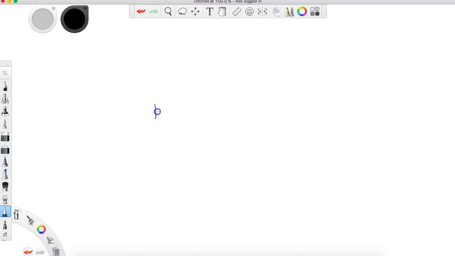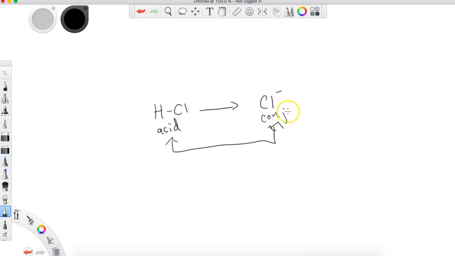So for instance, if I take HCl, and this becomes Cl minus as the conjugate. So this was the acid, something I'm not even showing is whatever's taking the H plus in this case, but the conjugate base here would be Cl minus. So do you think Cl minus would be strong or weak? Well, hopefully you realize that this would be very weak, and that's because when we take a look at HCl, HCl is considered to be a very strong acid.